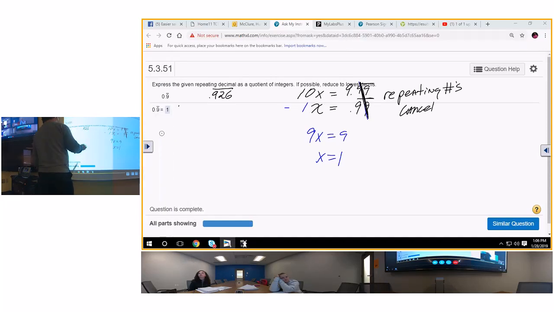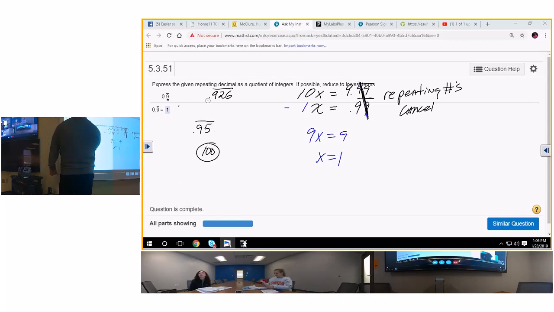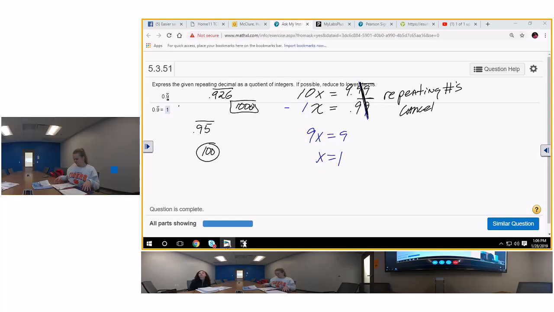I still got the same answer, 1, but they used a 10 because that place value is a tenth. If it was 0.95 repeating, you would multiply both sides by 100. If it was 0.926, you'd multiply both sides by 1,000. Okay? Make sure you know how to do that for your homework, but it's not on the test.